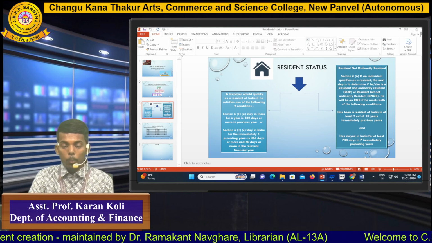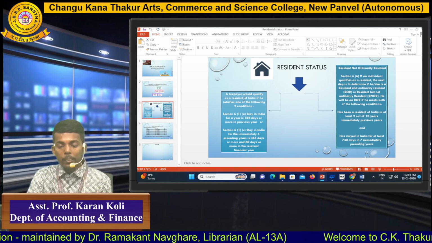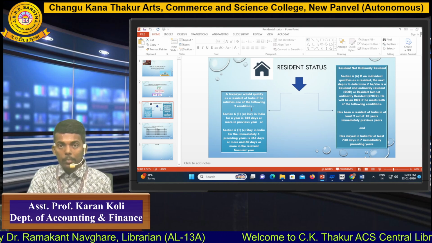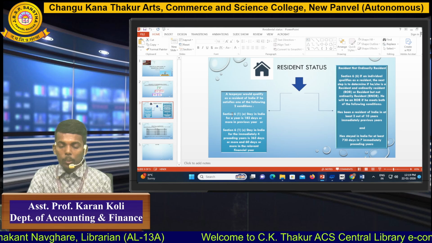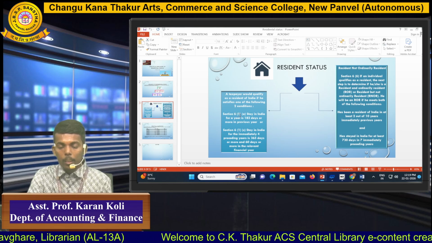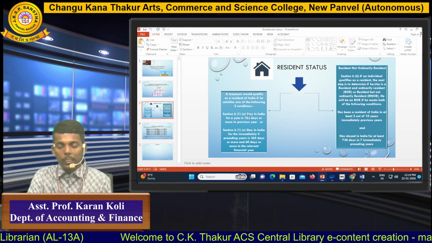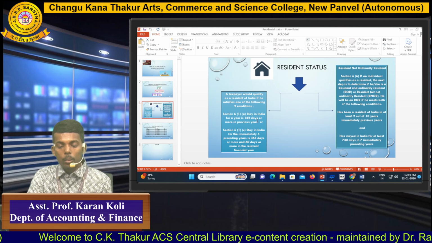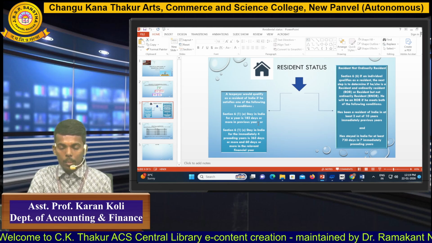Condition number 1: according to Section 6(1)(a), he or she stays in India for 182 days or more in the previous year.